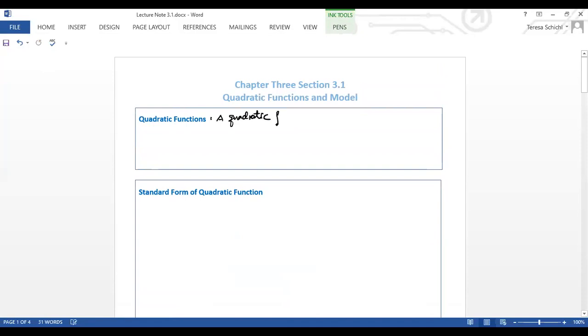So a quadratic function is a polynomial function of degree 2.